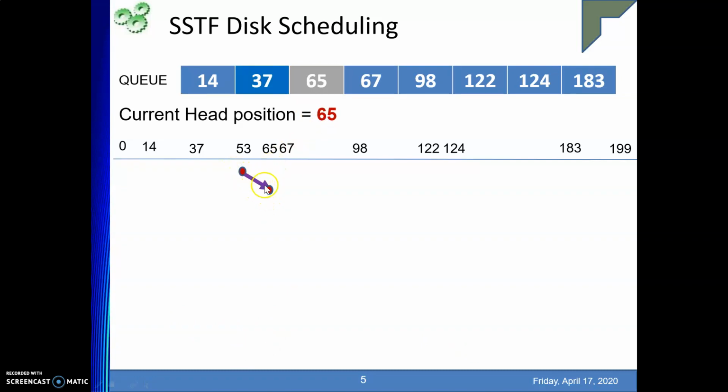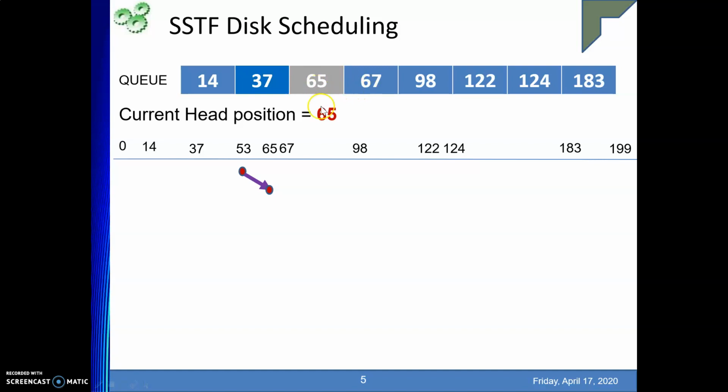Once we move to 65, our head position becomes 65. Now from 65, you need to see who is there at its left and who is there at its right, whosoever is not yet serviced. Serviced ones we are changing the color. So 65 is serviced, and on the left 37 is there and on the right 67 is there.